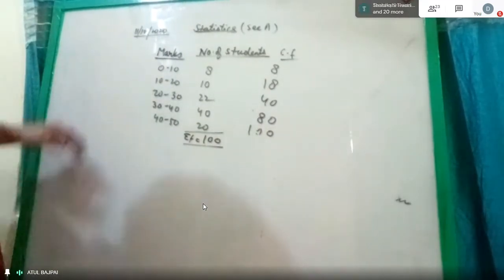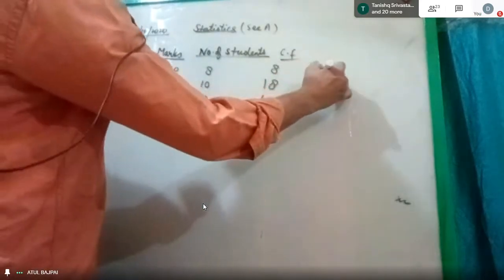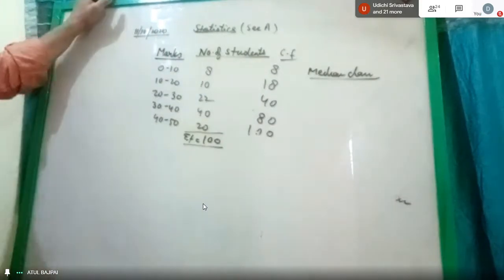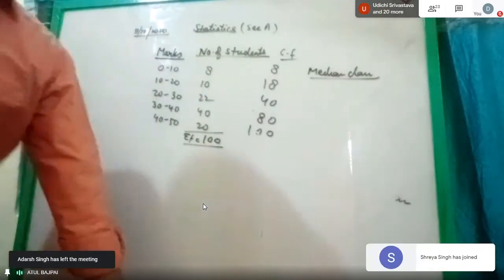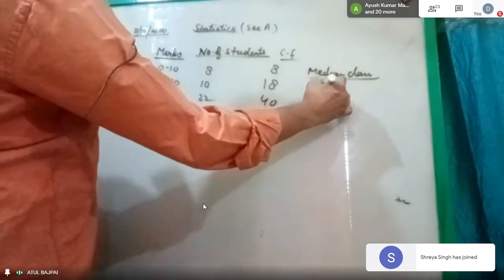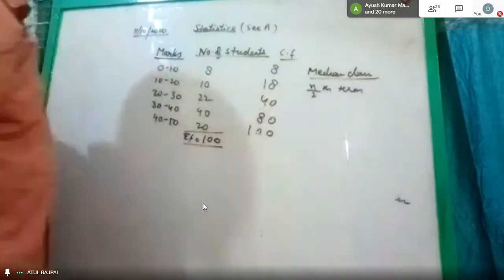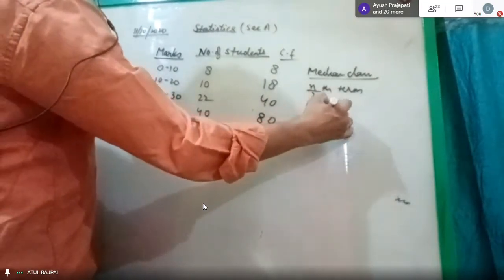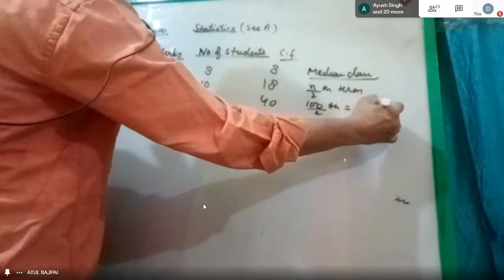Now I will look for the median class. Now n is 100, so the median class will lie in the n by 2th term. That is 100 by 2, 50th term.